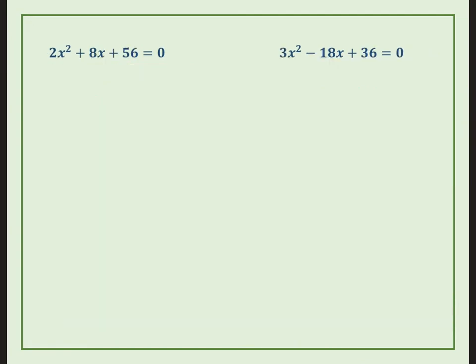Okay, our last one for the day. So again, first rule is to divide by a greatest common factor if it has one. So then I have x squared plus 4x plus 28 equals 0. Now I'm going to isolate my x's by moving the 28 to the other side.